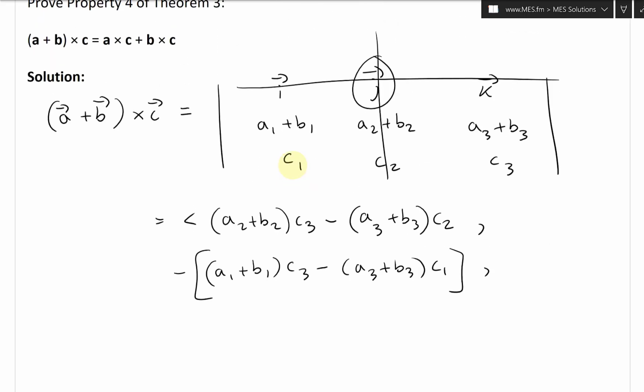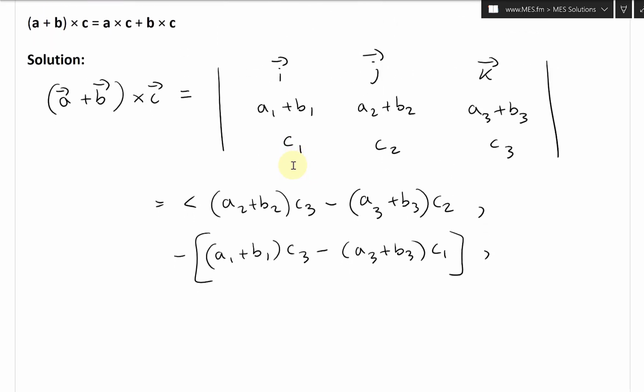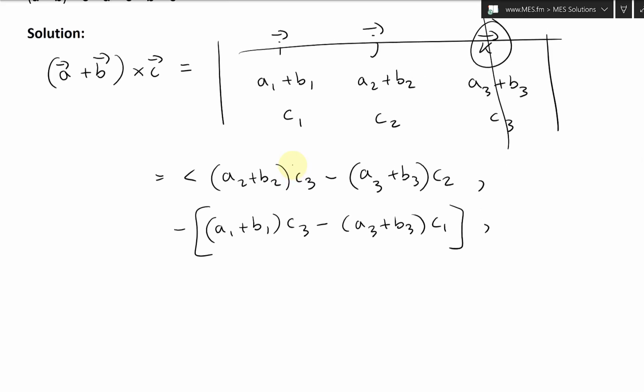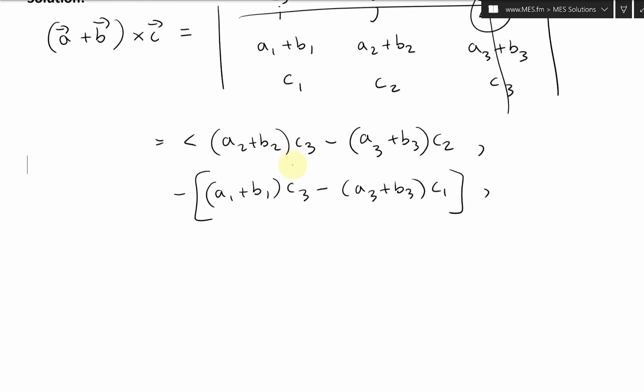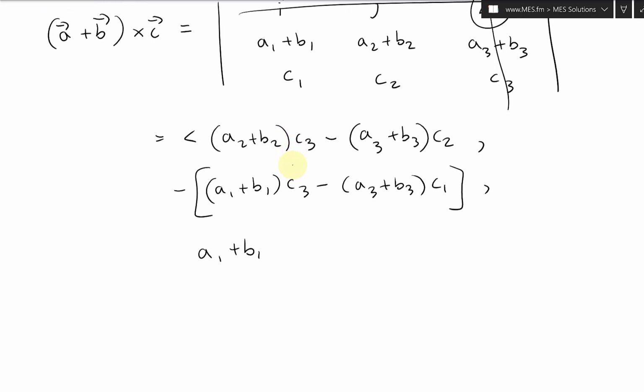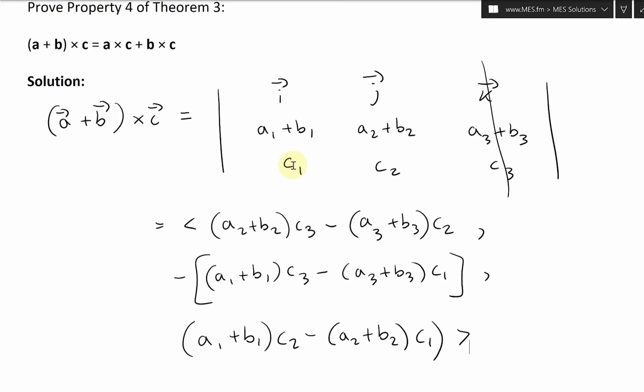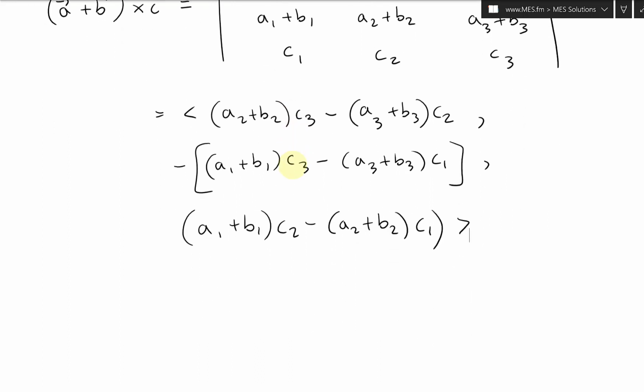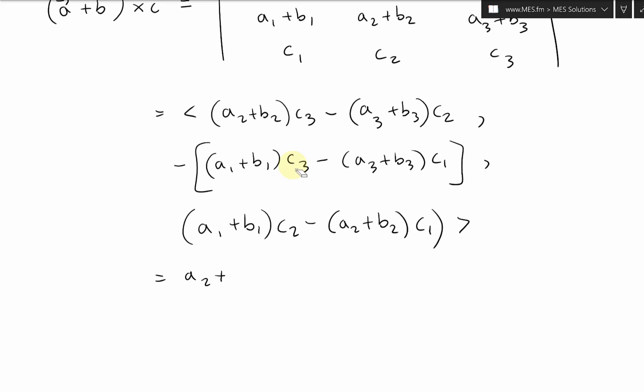And the next one is going to be the K component, K like this. We're going to have A1 plus B1 times by C2 minus A2 plus B2 times by C1. And then close the bracket, or the triangle bracket, to indicate the components. And then again, expand this out. It's going to be A2 times by C3.